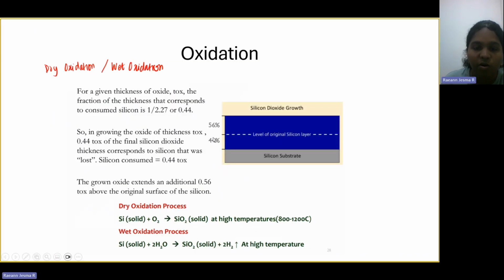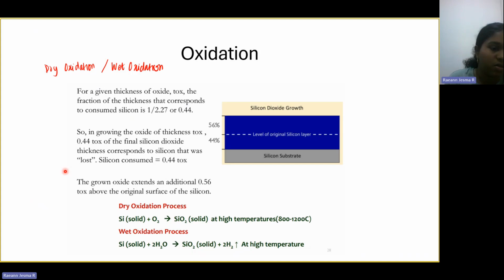For the oxidation process to happen, the temperature has to be really high. In the dry oxidation process, silicon combines with oxygen to form SiO2. In the wet oxidation process, SiO2 is formed as well as hydrogen gas at high temperature.